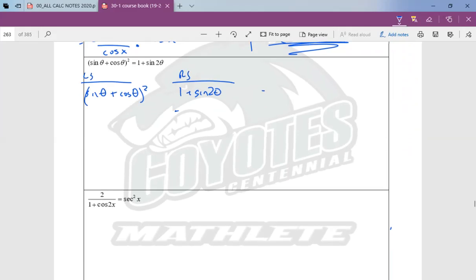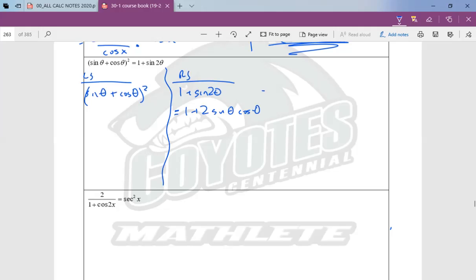Yeah, the left side is probably a little more complicated looking, but the fact that we've got 2 theta in here, that actually is something that we're for sure going to have to deal with again. So this ends up being 1 plus 2 sine theta cos theta. Again, for sine theta, we don't have a choice. We only have one double angle identity for sine. For cosine, it's going to open up a little bit and give us a little bit more choice of what we're using in here.